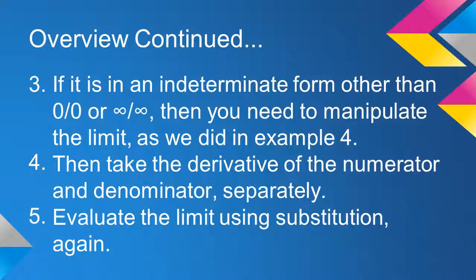Now we take the derivative of the numerator and denominator separately. That's really what L'Hopital's rule is: taking the derivative of f of x over the derivative of g of x, and evaluating the limit using substitution again.